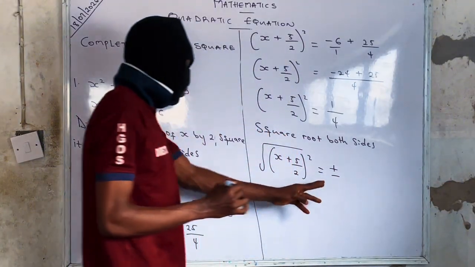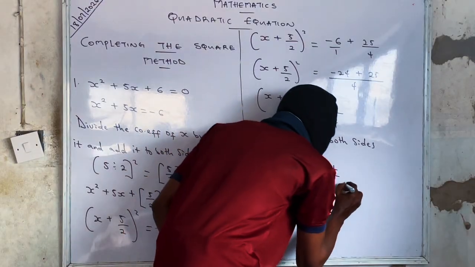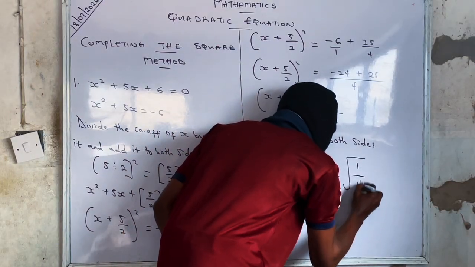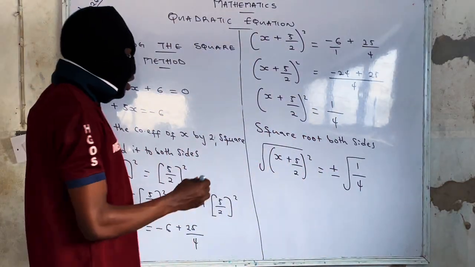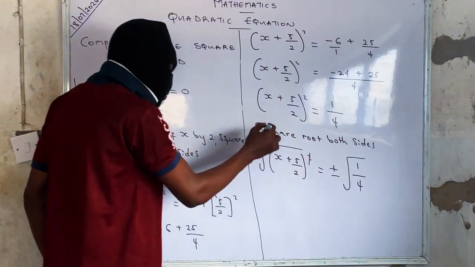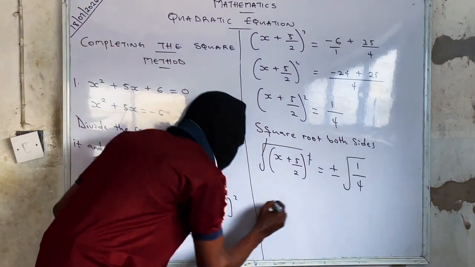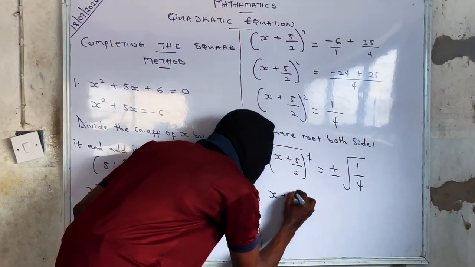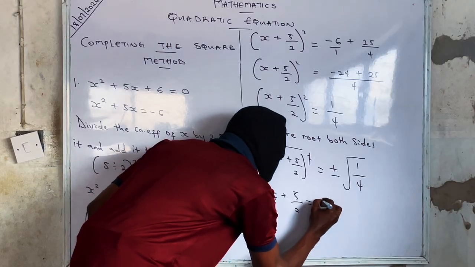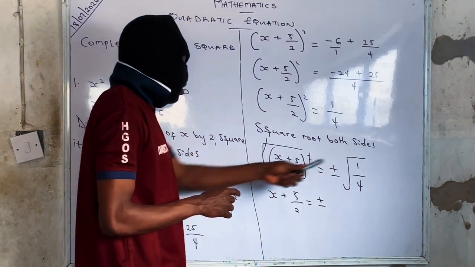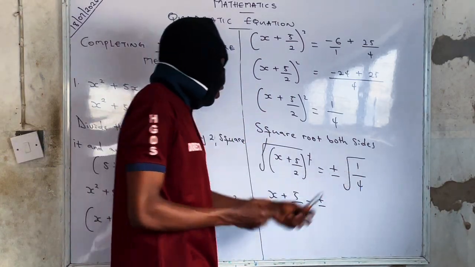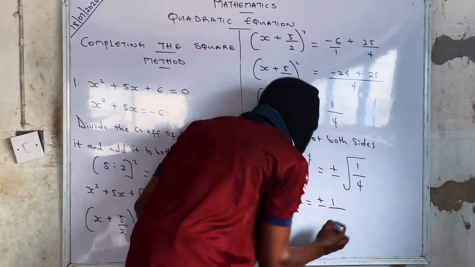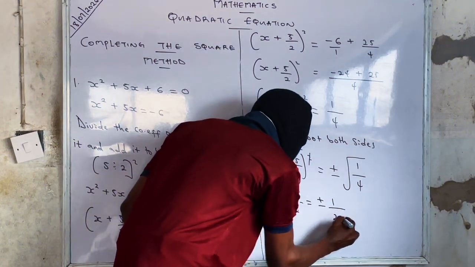You have to put your plus or minus, then you have root 1 over 4. We eliminate the square root. So we now have x plus 5 over 2 equals plus or minus. This square root is for both. The square root of 1 is still 1, over the square root of 4, which will give us 2.